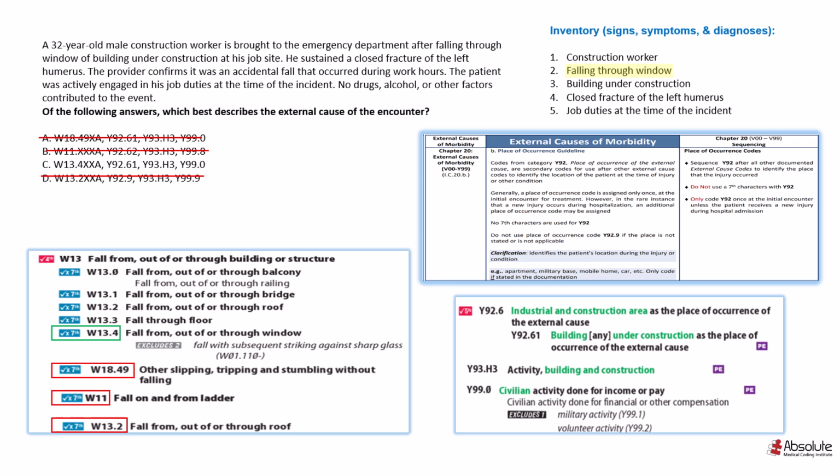So in our scenario, where did the injury happen? Where was the patient when he fell through the window? Yes, he was in a building under construction. And Y92.61 is coding for building under construction as the place of occurrence of external cause. So yes, Y92.61 is the correct answer.